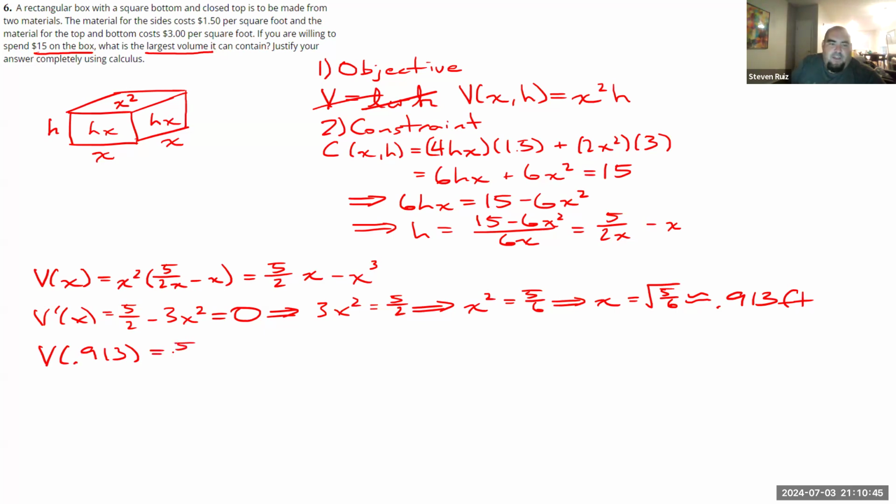That's equal to 5 halves of 0.913 minus 0.913 cubed. Let's get an approximation for that. And I get a volume of approximately 1.52. And what should the units be? They should be cubic feet.